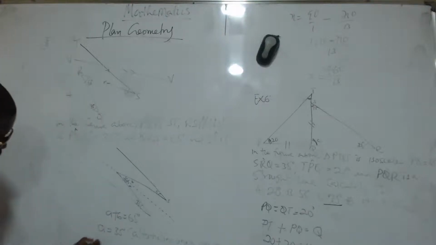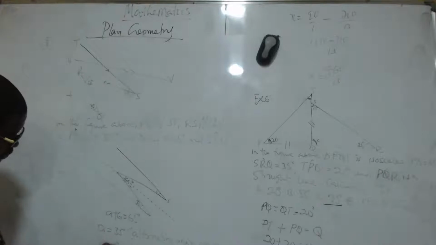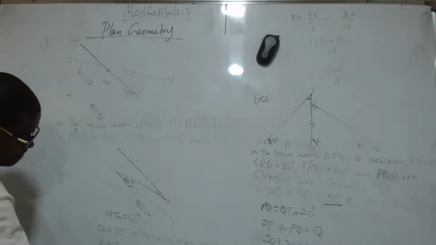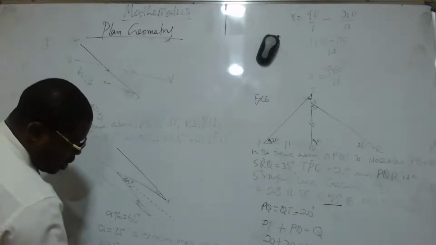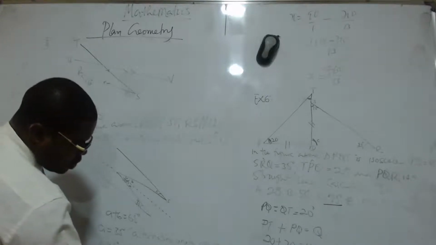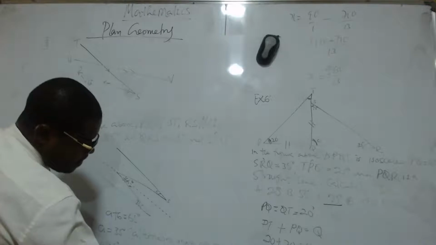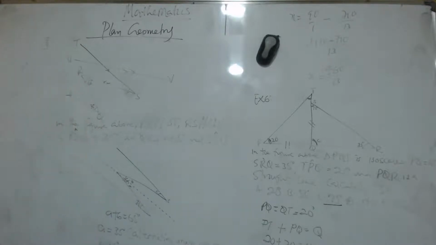B is equal to C. Reason as well: alternating angles are equal.